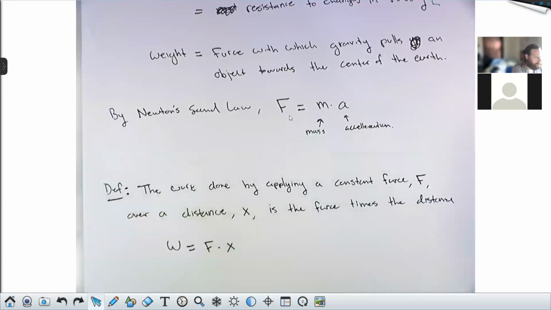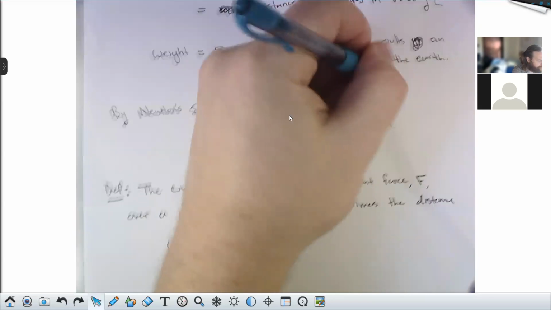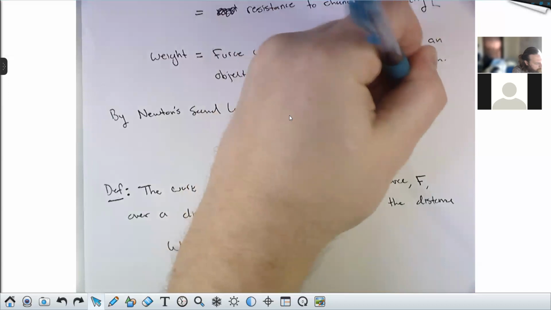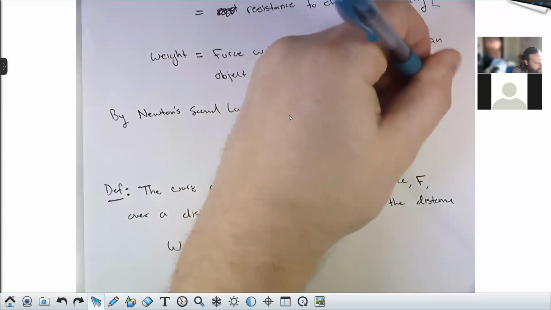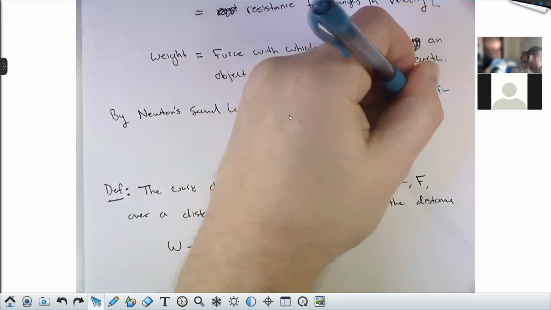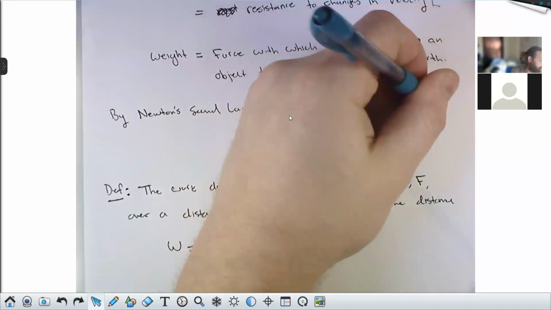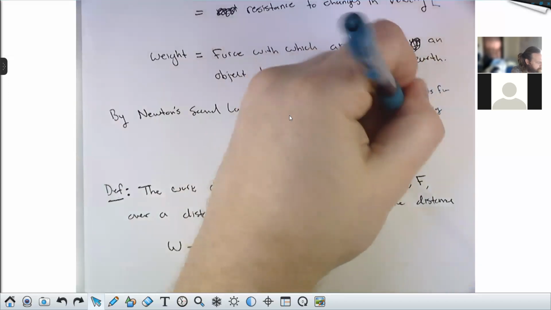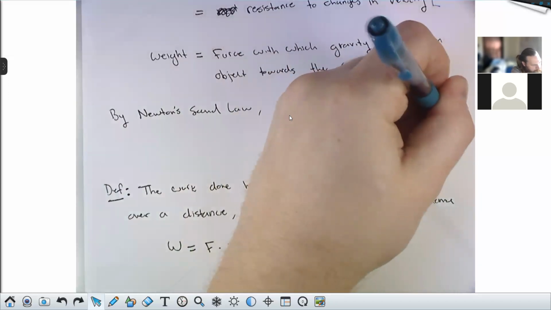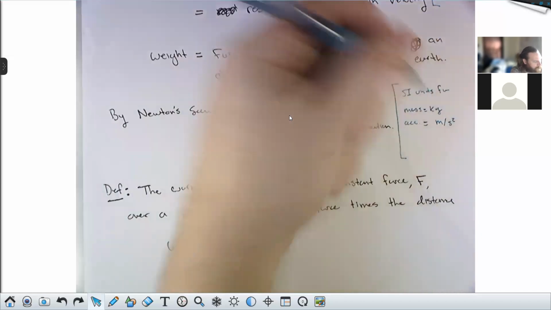Okay, so the SI units, let me just add here. SI units for mass, it's the kilogram. For acceleration, this is meters per second squared.